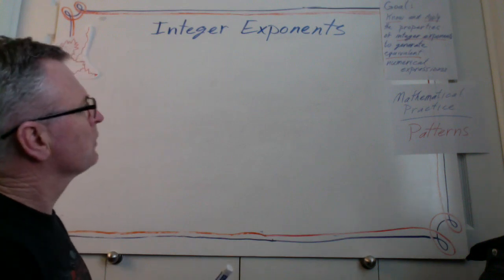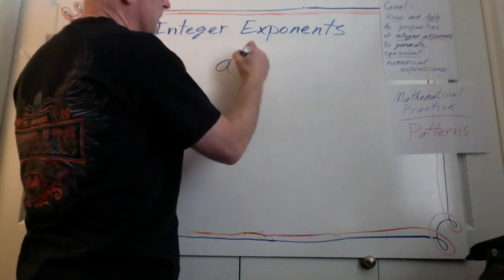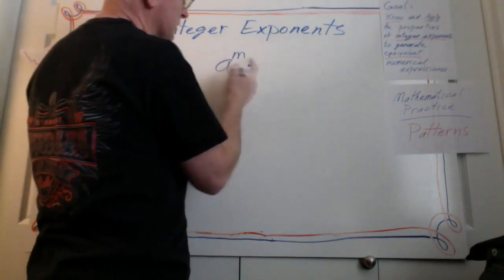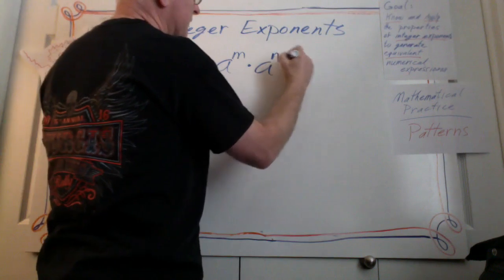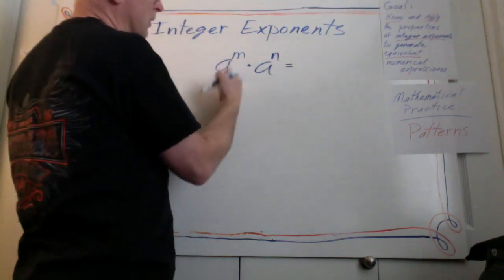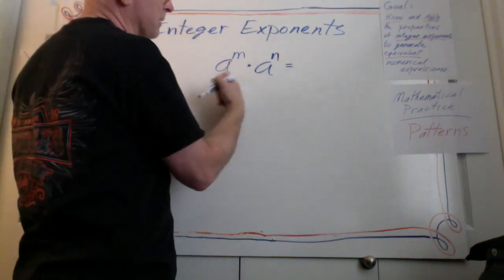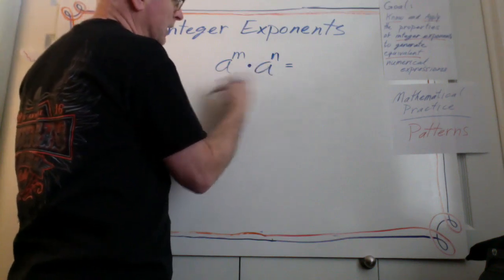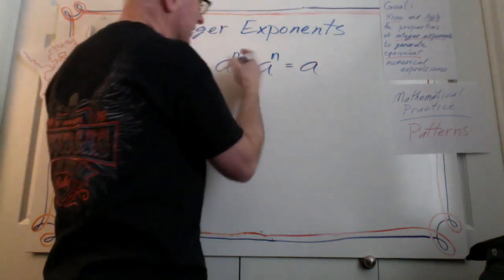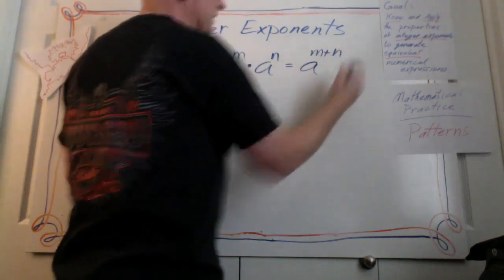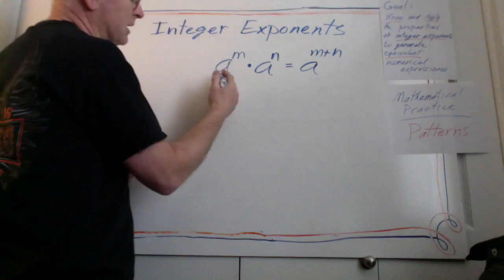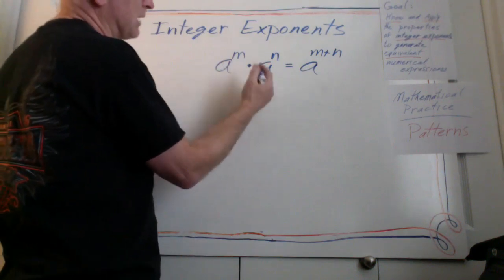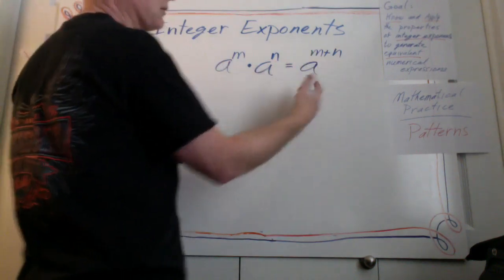We've already established the idea that if I have a power times another power with the same base, we can just keep our base and then just add these exponents. So if it was 5 squared and 5 cubed, it would be 5 to the 5th, because 2 plus 3 is 5.